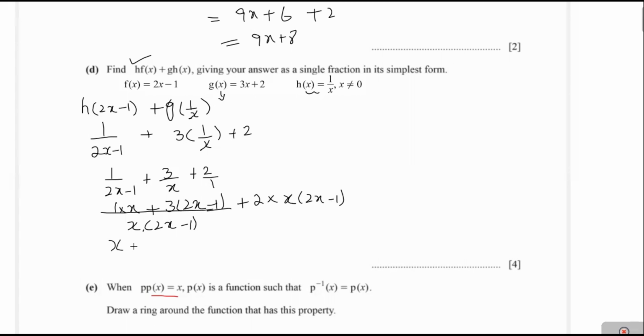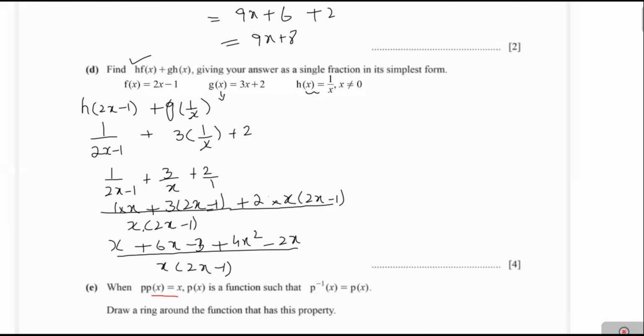Now we can write it as x plus 6x minus 3 plus 4x squared minus 2x over x into 2x minus 1.